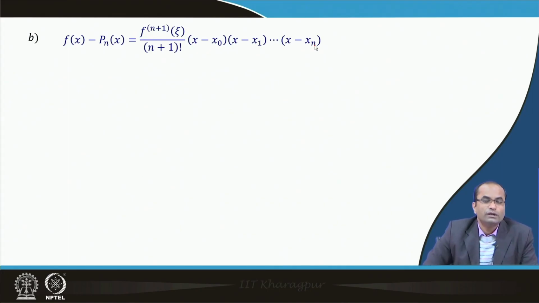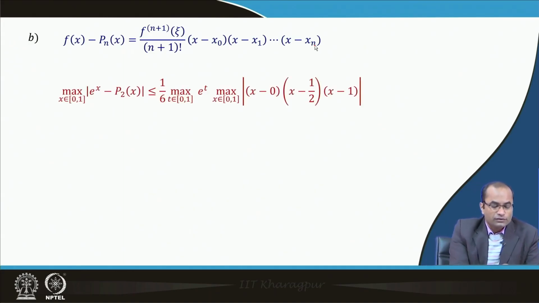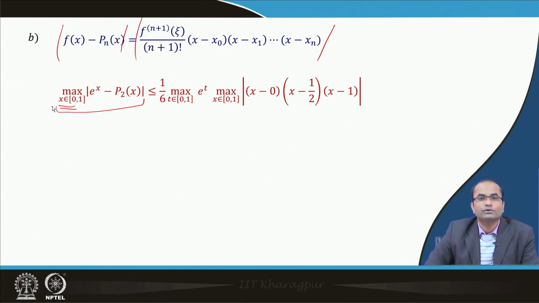So, this formula will help us to get the upper bound of the error which occurs in this polynomial, the maximum error here. What we do is take the absolute value on both sides, and then the maximum, because x can vary from 0 to 1, our points are 0 to 1, and we are talking about the maximum error between 0 and 1.